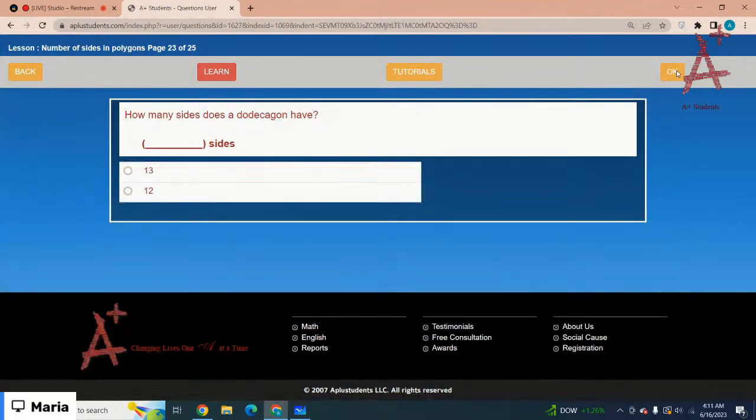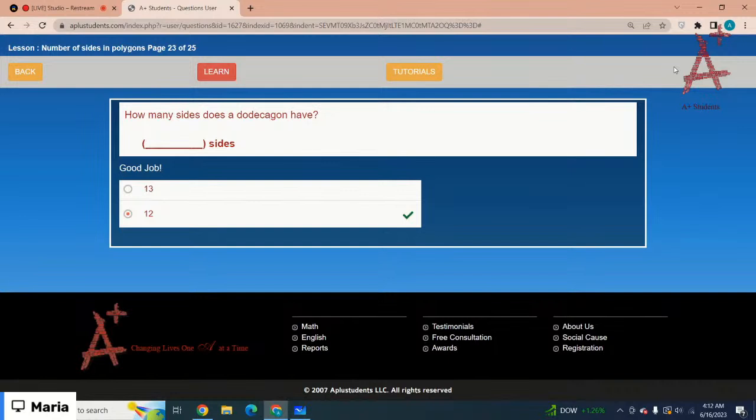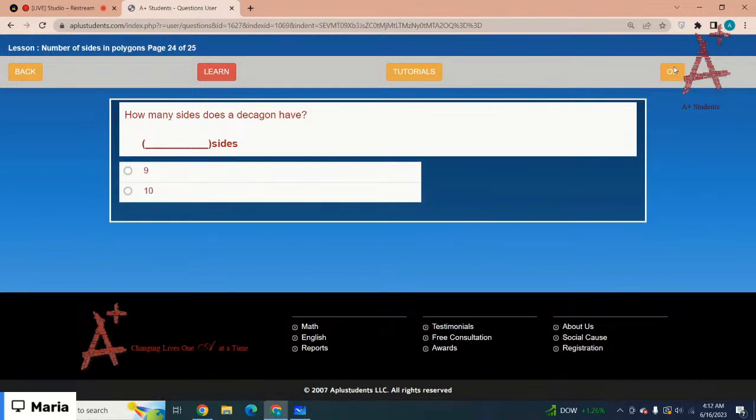How many sides does a dodecagon have? It would be 12. Got it? A dodecagon has 12 sides. How many sides does a decagon have?